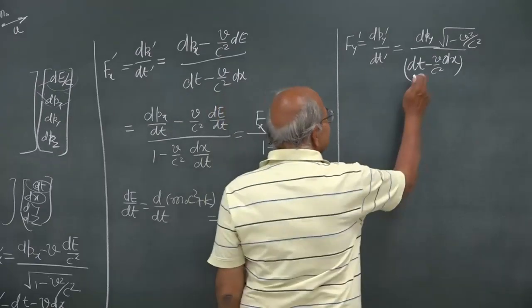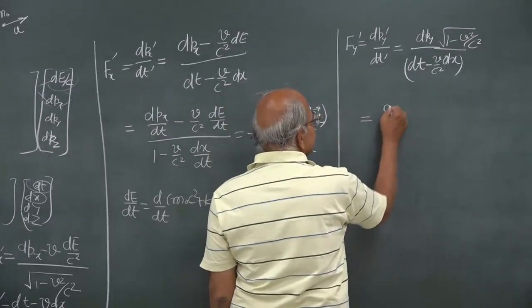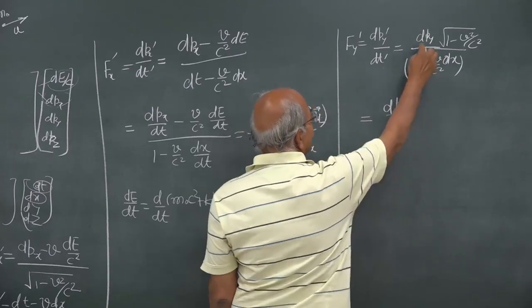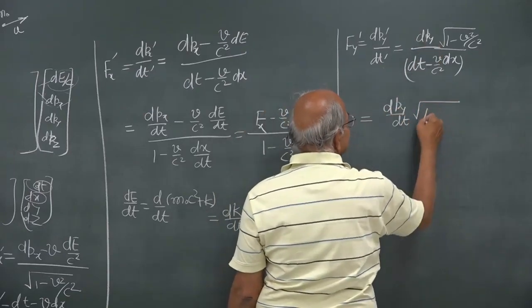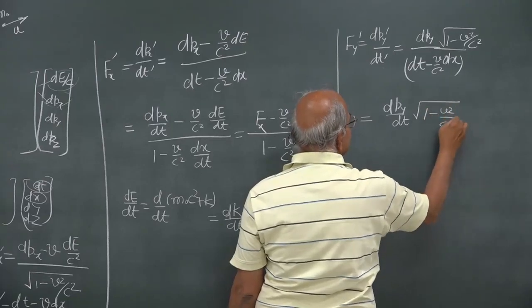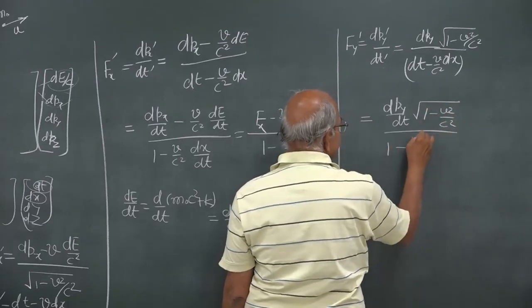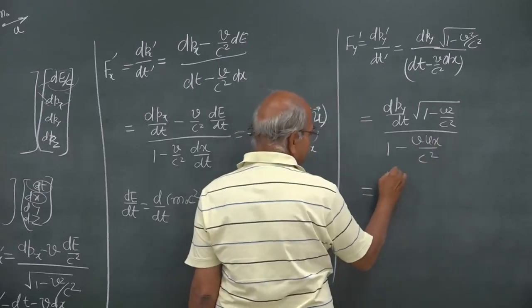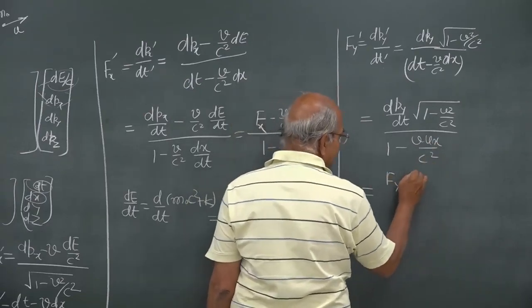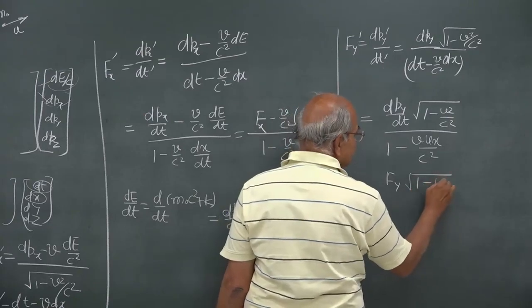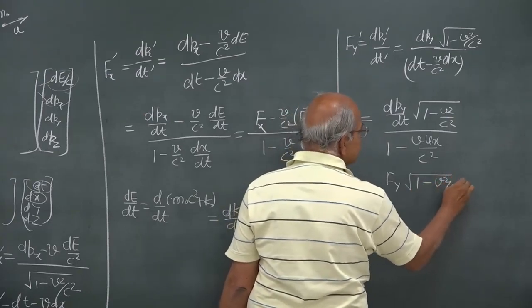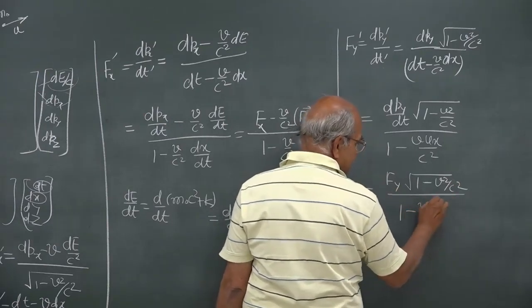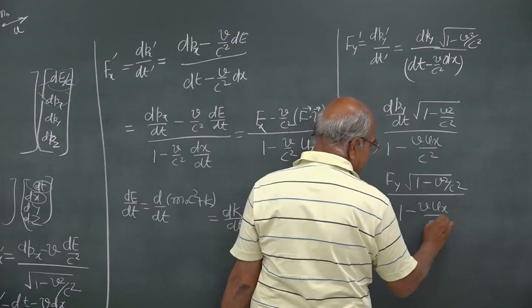the S frame. So again divide by dt. This is dpy by dt, so I am dividing by dt here, and I am dividing by dt here, 1 minus v ux by c square. So this is fy times square root of 1 minus v square by c square, divided by 1 minus v ux by c square.